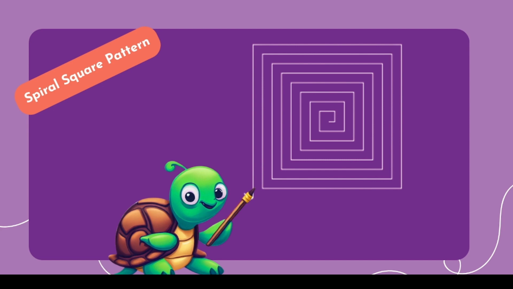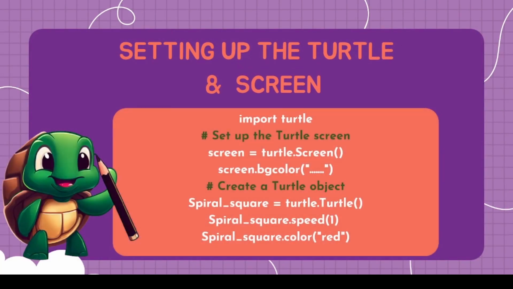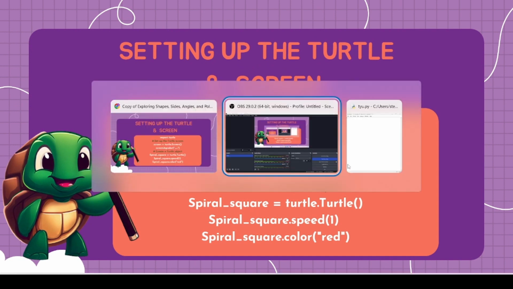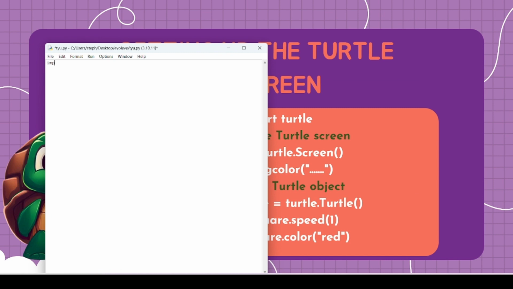So first we need to set up the turtle screen and the turtle. Let's go to the coding part. We'll first import the turtle. Next we need to set up the turtle Screen.